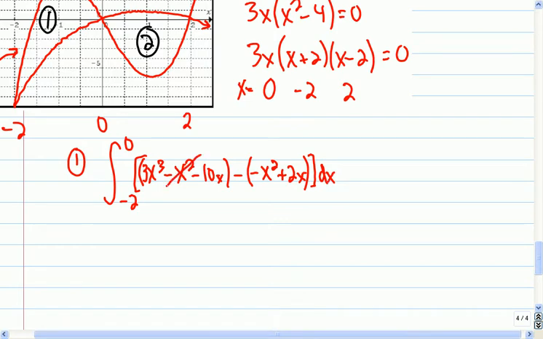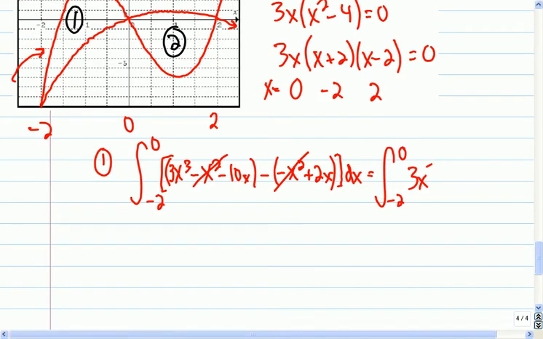So again, the x squareds will disappear, and I'll end up with an integral from negative 2 to 0 of 3x cubed, and oh no. Hopefully that's the end of it. 3x cubed minus 12x.